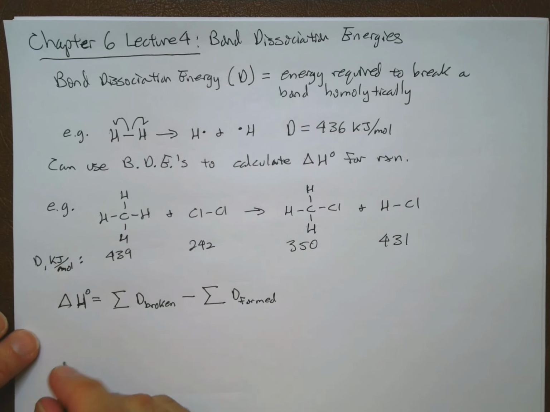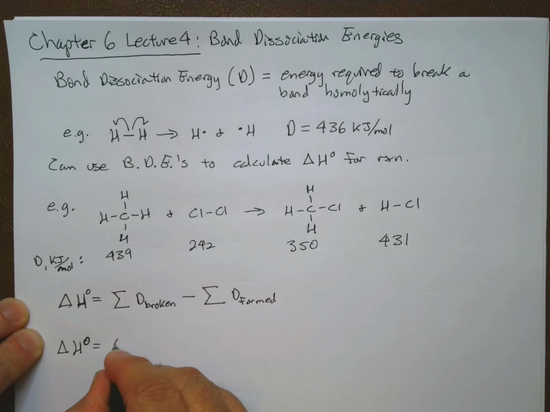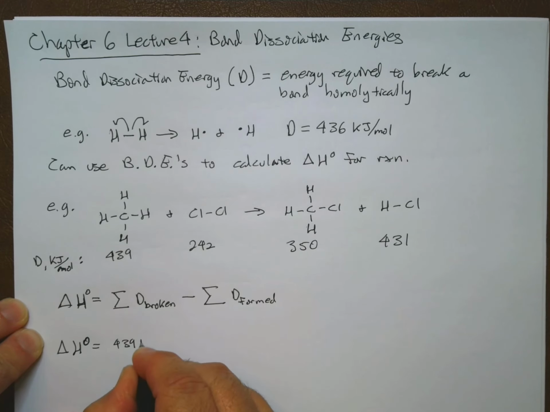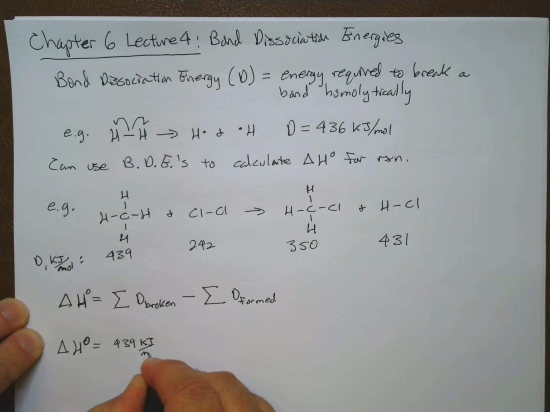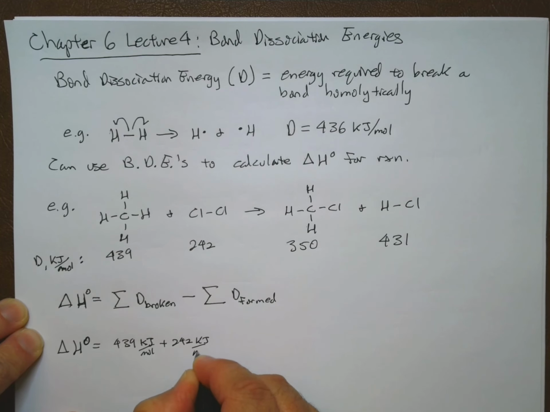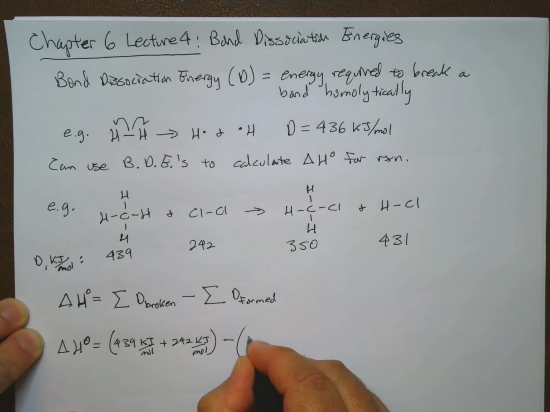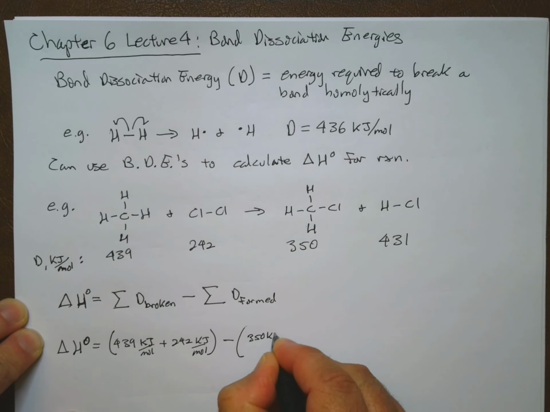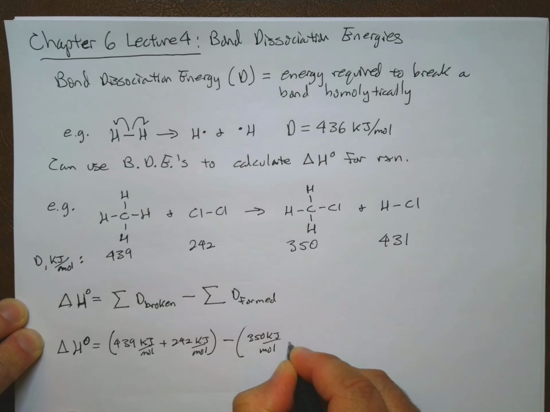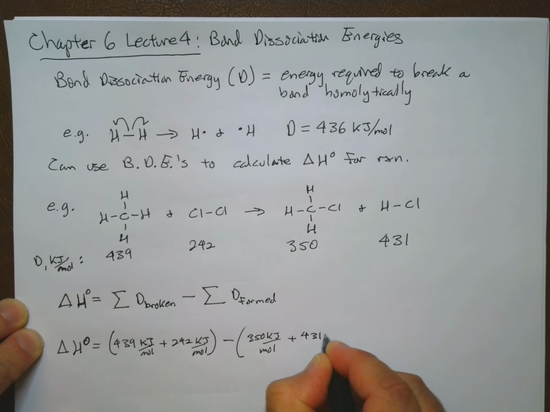So delta H naught equals 439 kilojoules per mole plus 242 kilojoules per mole, minus 350 kilojoules per mole plus 431 kilojoules per mole.